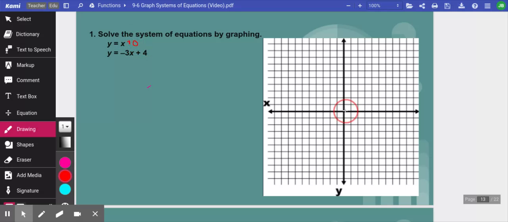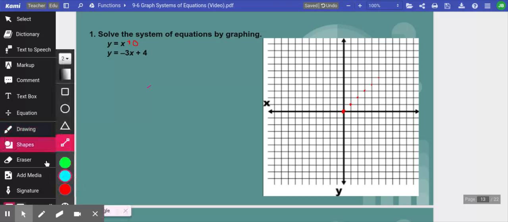So we know that this is going to cross at 0, and we know that the slope is going to be 1. So it's actually going to move in this fashion here. So we just put all these little dots up there. And this is where it's really nice to be able to draw a line. So if we back this up and we draw our line, there we go. There's my line.